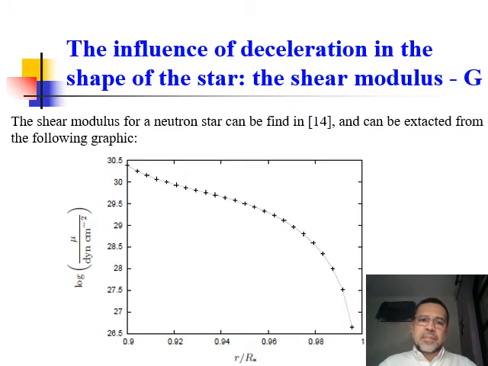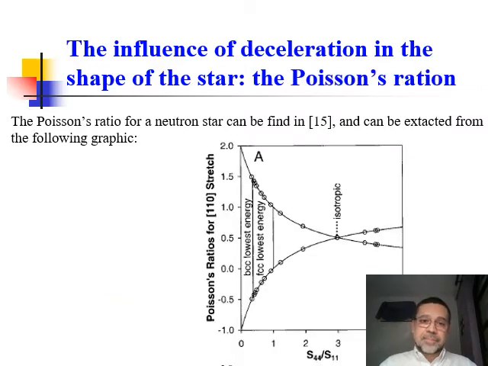Then we need some numbers. We find in the literature these numbers for this function of the shear modulus. We can see that it varies a lot across the diameter of the sphere, and we adopt some numbers.